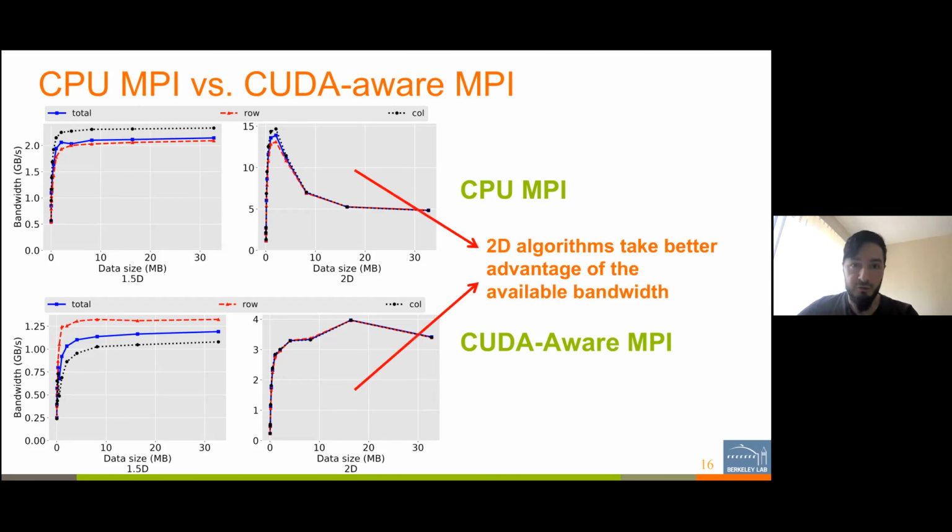These figures show that the 2D algorithms take better advantage of the available bandwidth, and the CUDA-aware MPI seems to not be using GPU Direct RDMA, as these are significantly worse than the bandwidth sustained by the CPU orchestrated communication. So this may be due to the collective implementations of the underlying MPI implementation not taking advantage of RDMAs yet.